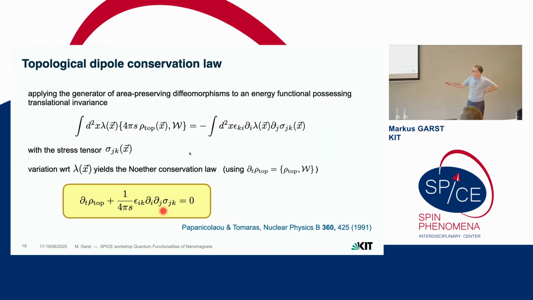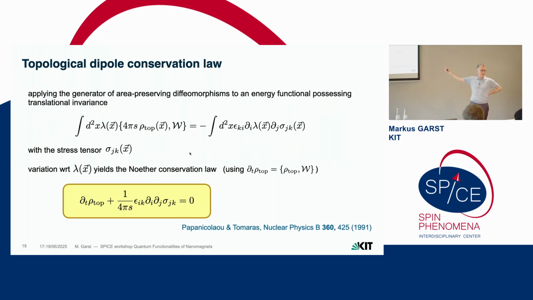If you look at the time derivative of the topological density, this is given by a double derivative of the stress tensor. But this you have seen before in some sense, because I argued that the topological density obeys a continuity equation with the topological current. And I also told you that the topological current can be expressed as a divergence of the stress tensor.